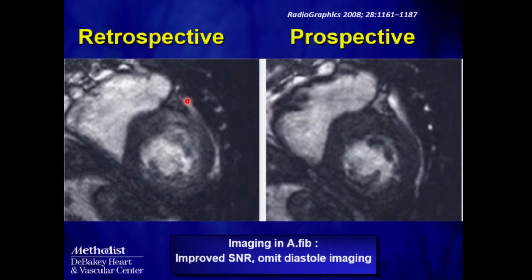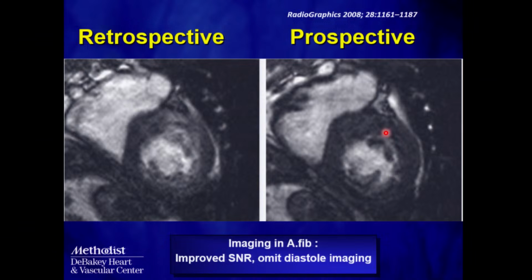What happened was this patient did have atrial fibrillation. So when I use retrospective gating, because the RR interval is variable, and every time you're filling lines of data in one RR interval it is not the same as the other RR interval, you have this blurriness in the endocardial border definition.